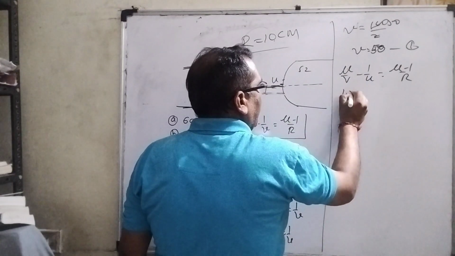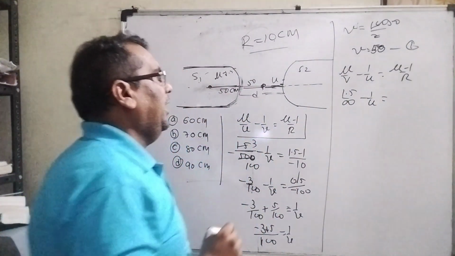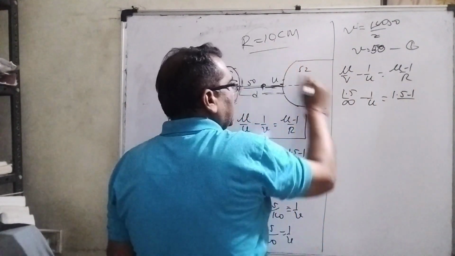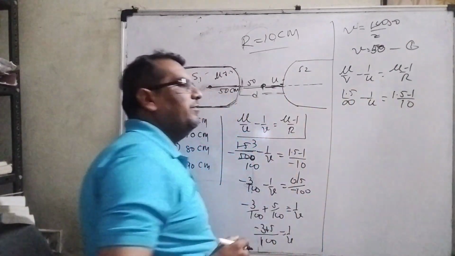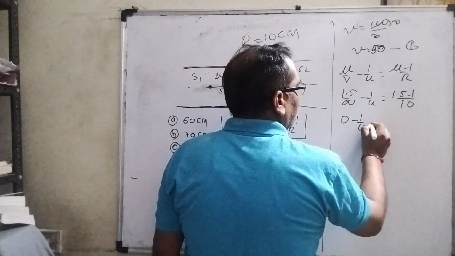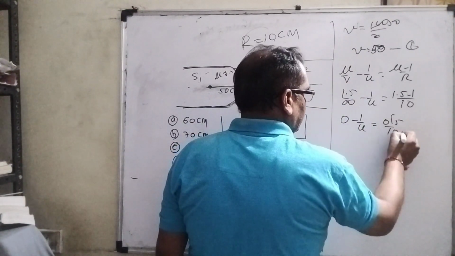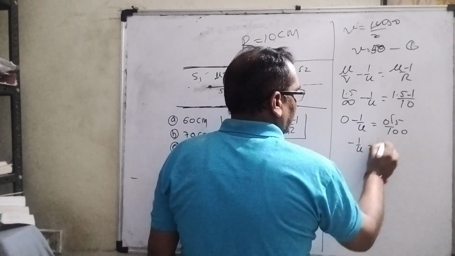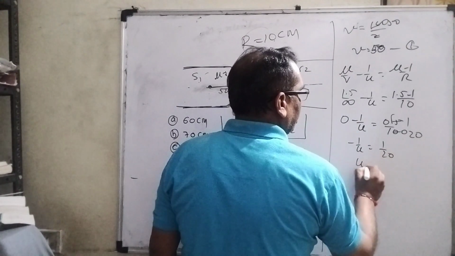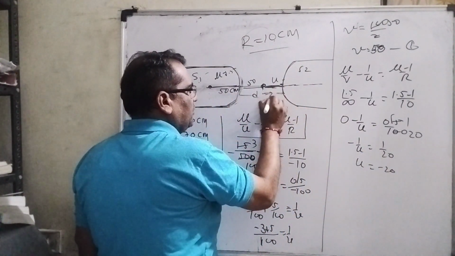It is 1.5 over infinity, 1/u you have to find, and 1.5 minus 1, and R is positive 10 centimeter. Something upon infinity becomes 0, minus 1/u equals 0.5 by 10, then minus 1/u equals 5 by 100, which means 1 by 20, then u equals minus 20, which means it is in front of the surface, 20 centimeter.